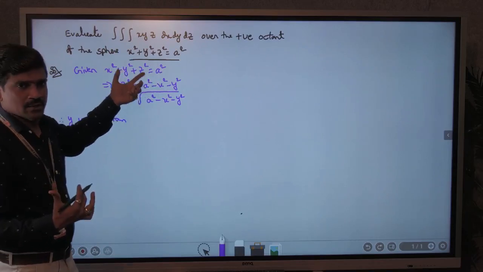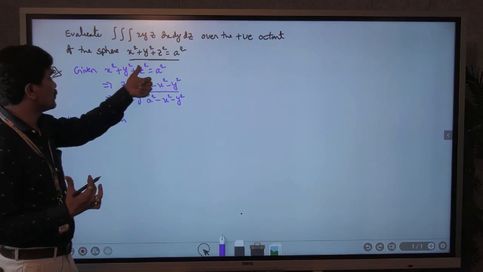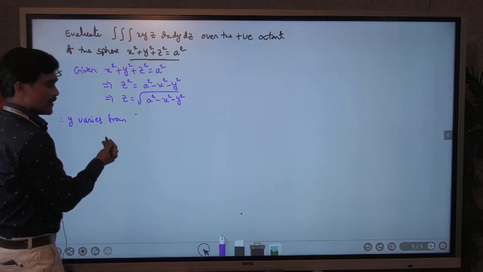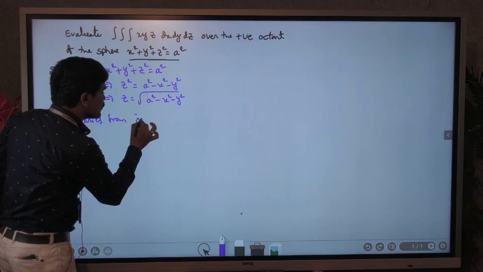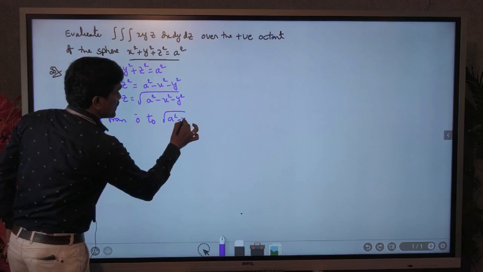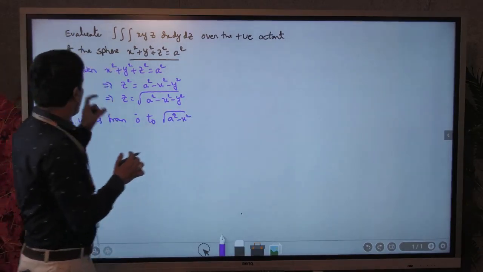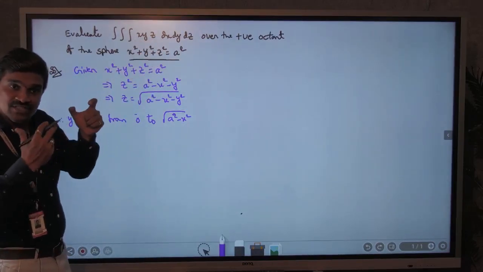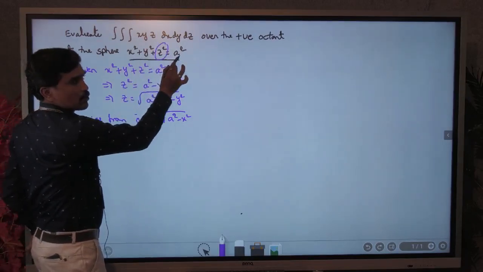Suppose z is equal to 0; we get x square plus y square is equal to a square.